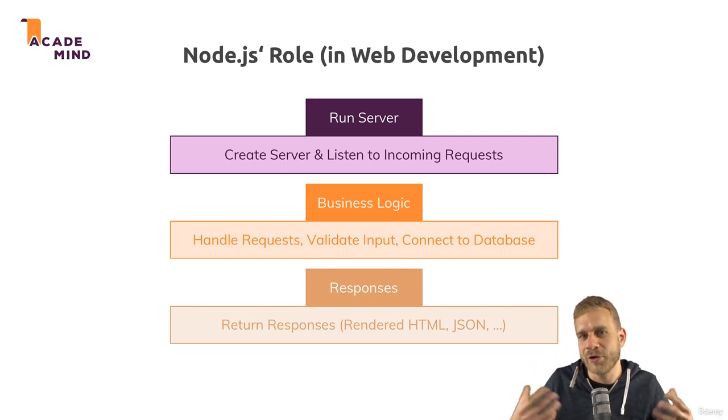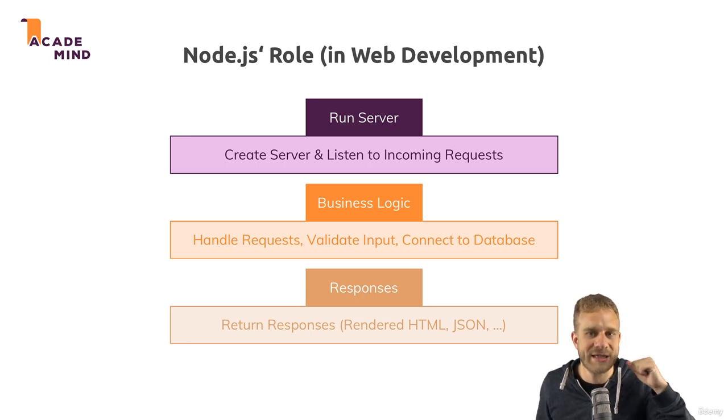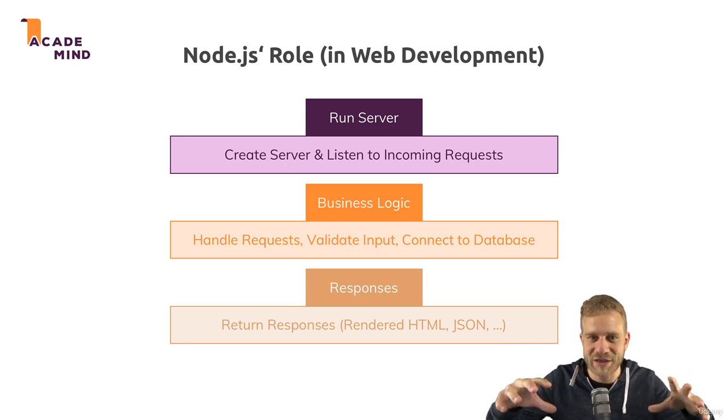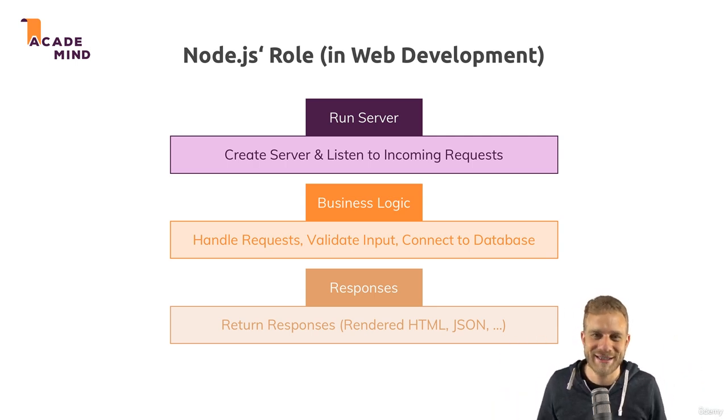You will also learn how you use Node.js to send back data to your clients, be that HTML pages with dynamic content, or data only in the format of JSON or XML or even files. So this is what we use Node.js for and what we will dive heavily into in this course.